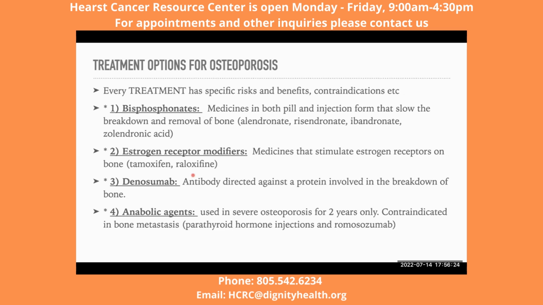Some of the medicines we use to treat osteoporosis include the class of medications called the bisphosphonates. These bisphosphonates are the most commonly used bone hardeners. They come in both pill and injection and infusion form, and they slow down the breakdown of bone, meaning they slow down the osteoclasts, allowing the osteoblasts to catch up. These medications include alendronate or Fosamax, risedronate, ibandronate, and zoledronic acid.